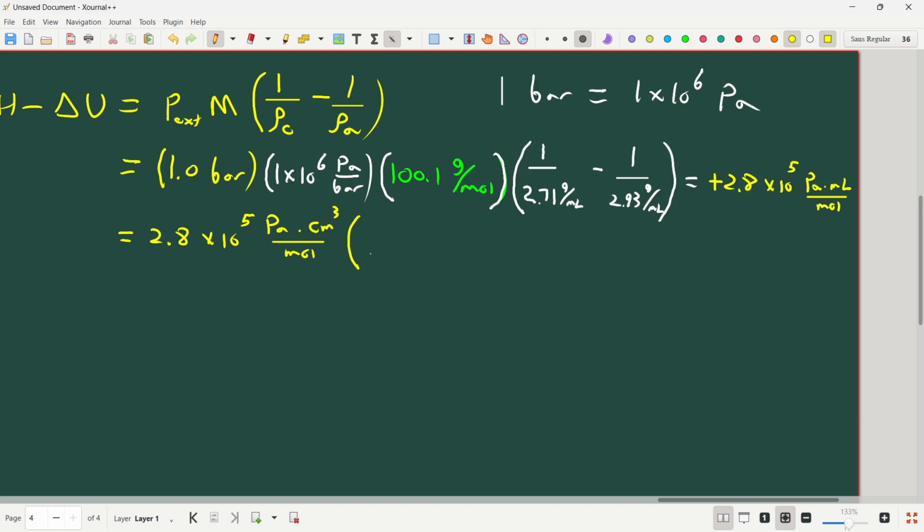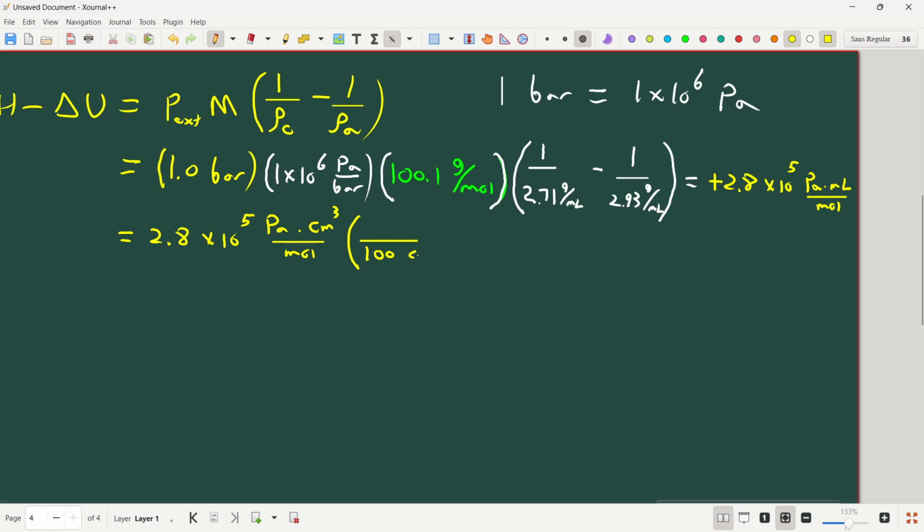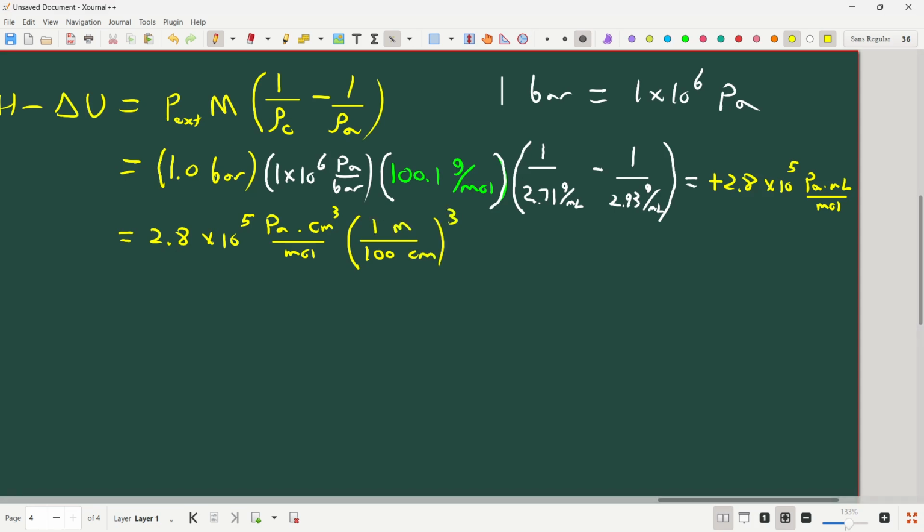Centimeters are going to be in the bottom of our dimensional analysis. And how many centimeters are in a meter? Sorry, there's 100 cm per 1 meter. And we've got to cube it, because you've got to get meters cubed. So our final number is going to be this divided by 100 cubed.